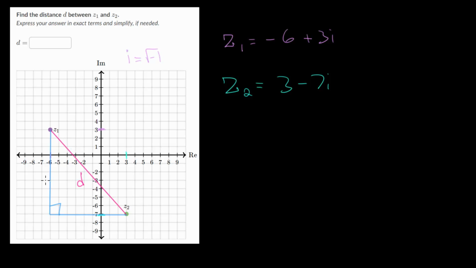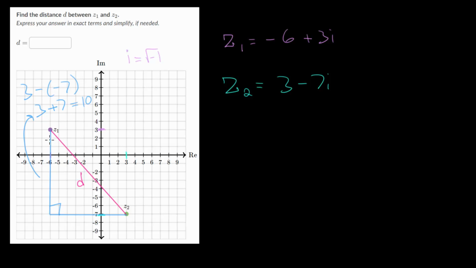We can take 3 and subtract -7. And subtracting a negative is the same as adding, so we really have 3 plus 7, which is 10. And when finding this length here, we can ignore i, since we just want to know the magnitude of this line, the length of it.